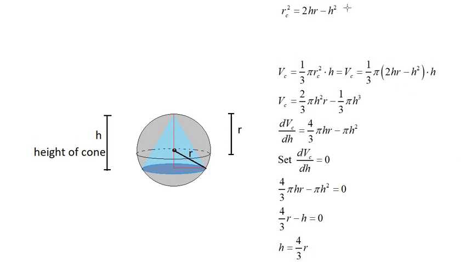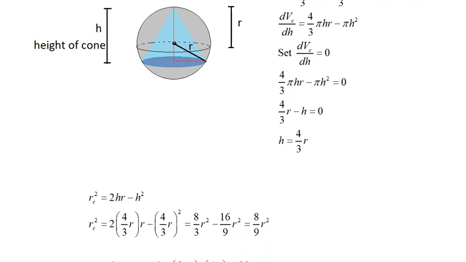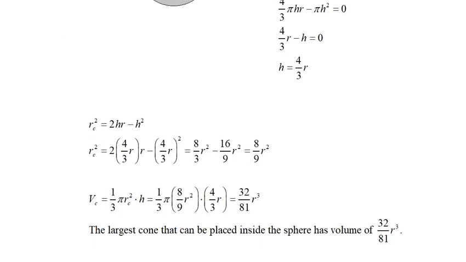And now we will use this relationship to find r sub c squared. So we had this relationship right here, r sub c squared is equal to 2hr minus h squared.